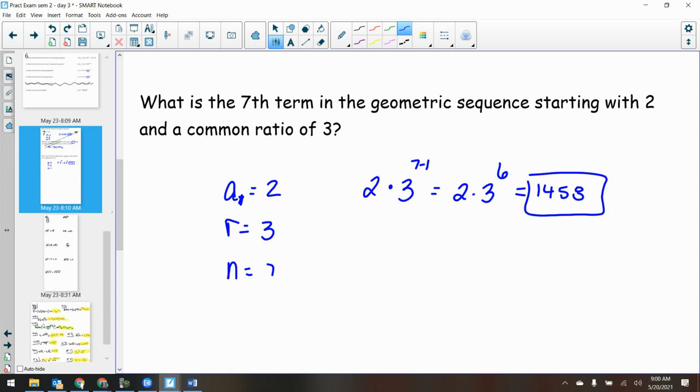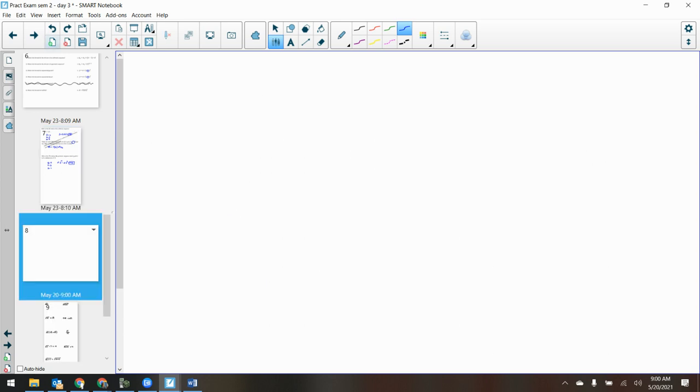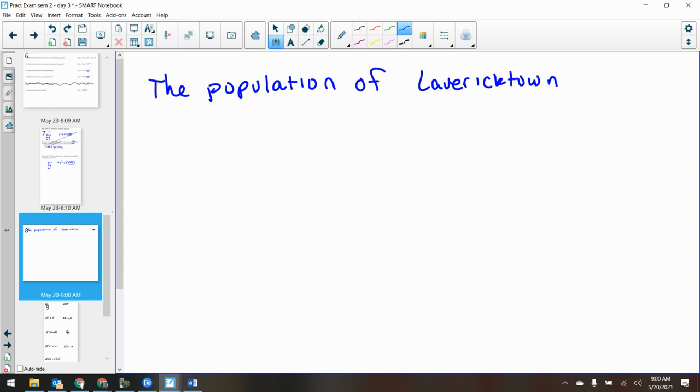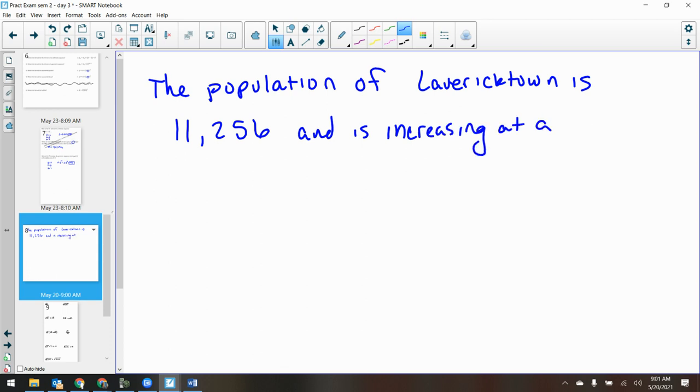All right, let's do an exponential growth or exponential decay problem. The population of Lavericktown is 11,256 and is increasing at a 4% rate.